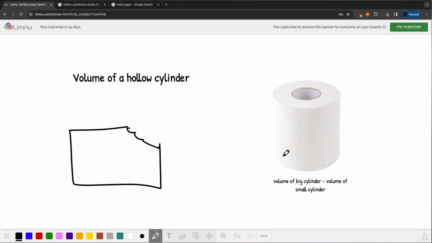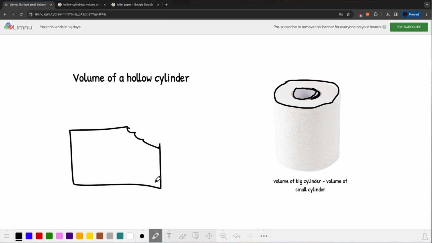So we have a toilet paper roll here. There is a big cylinder, so this big one here, and a little cylinder has been taken out of it. So this small cylinder piece has been taken out of the big cylinder. So how do I calculate what's left, the volume of what's left?